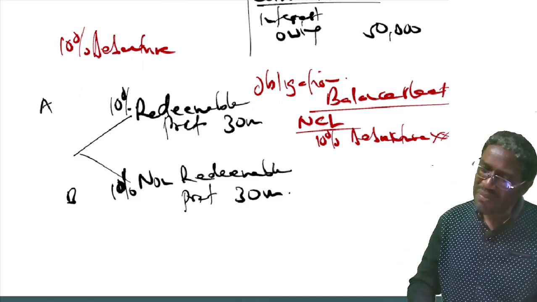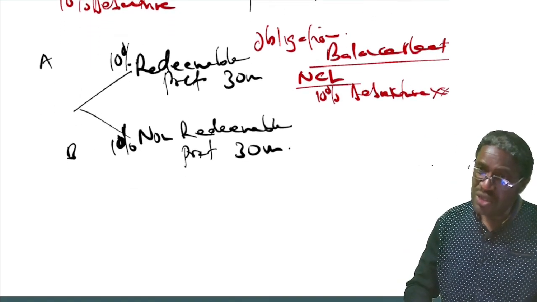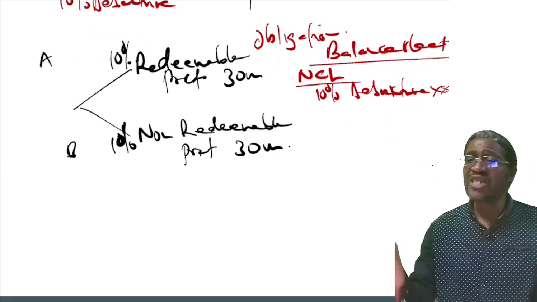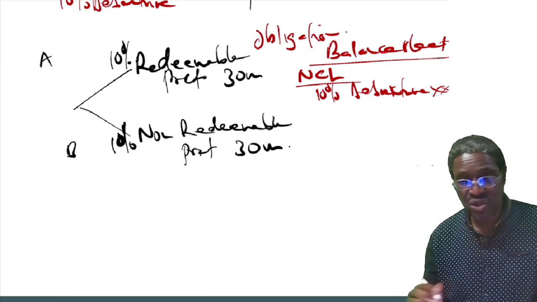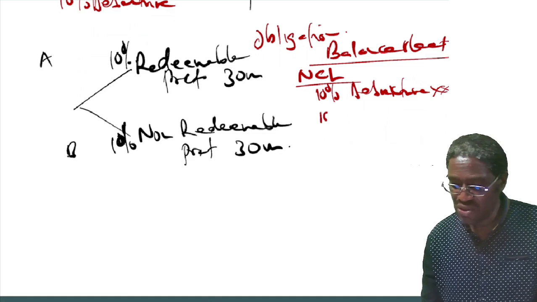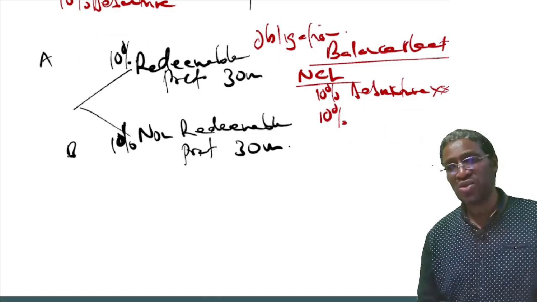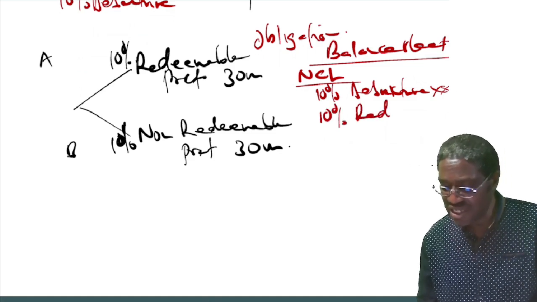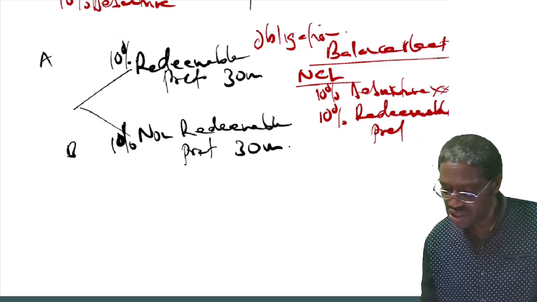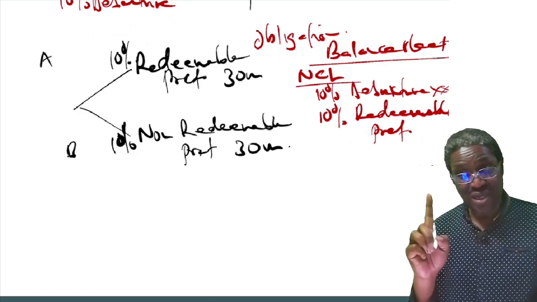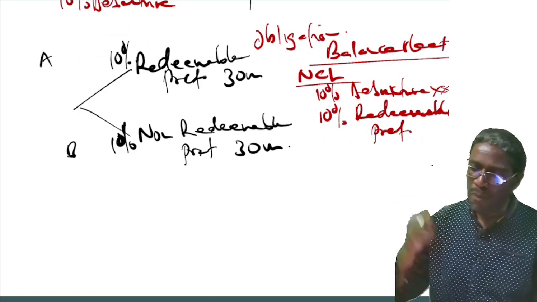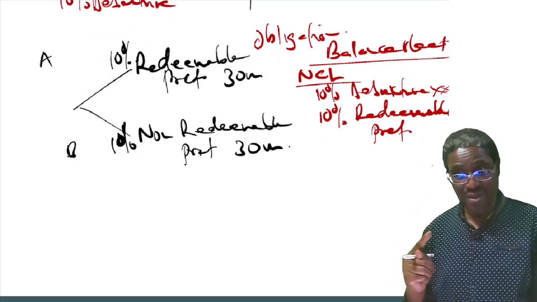When you are preparing the balance sheet of company A, you don't take 30 million of their preference share as part of capital. No, you take it to the balance sheet as a long-term liability. So among the debentures, you will have their 10% redeemable preference share. It's a long-term liability because you as a company, you have an obligation to pay back.